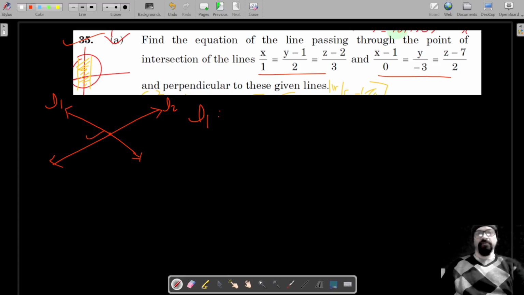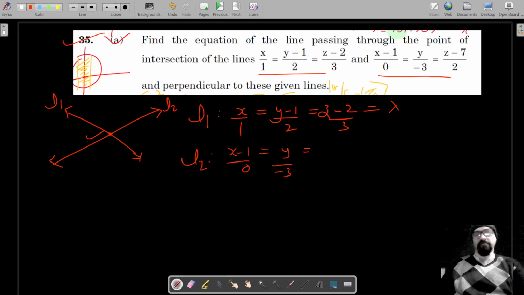Let's say the first is the line L1, which is x by 1, given as the Cartesian equation of the line, and let's say this is equal to lambda. And L2 be the second equation of the line: x minus 1 by 0 is equal to y by negative 3 is equal to z minus 7 by 2, and let this be equal to mu.